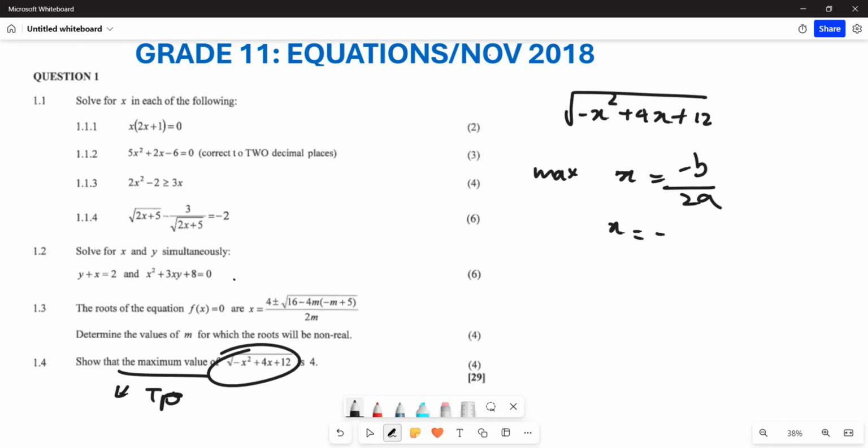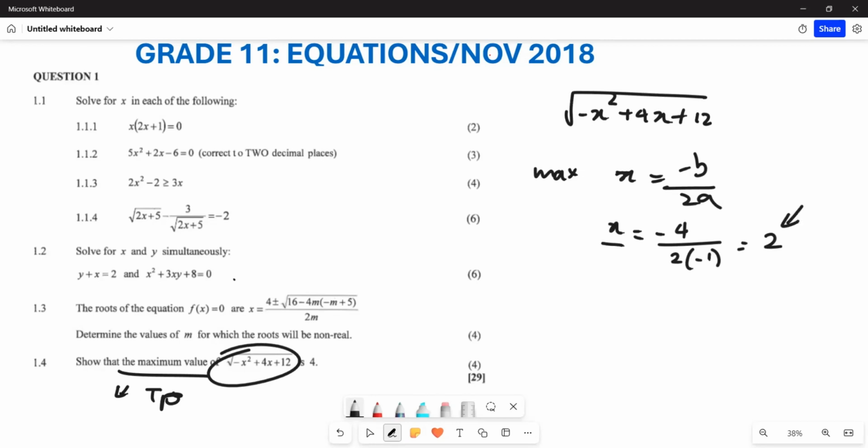What is your b? Your b is given by 4, so this is going to be 4 over 2 into negative 1. And this is going to give you 2.